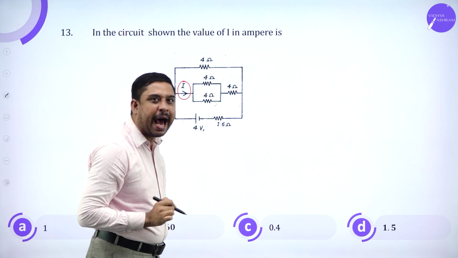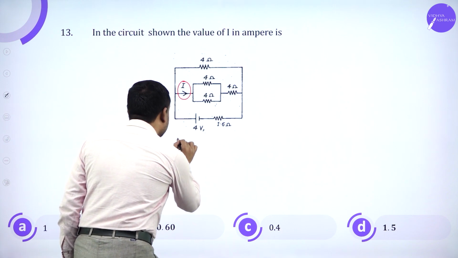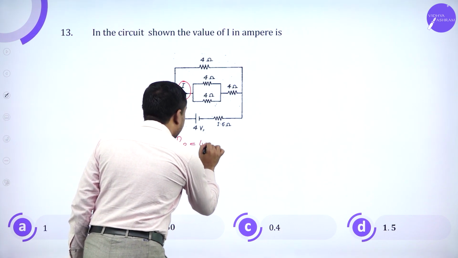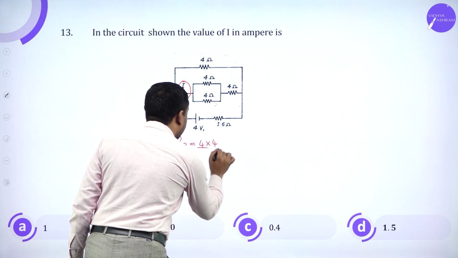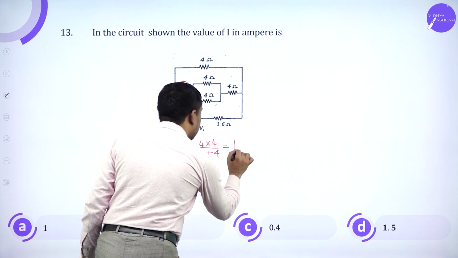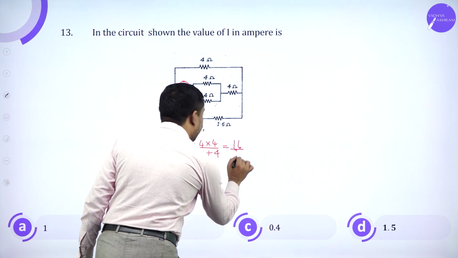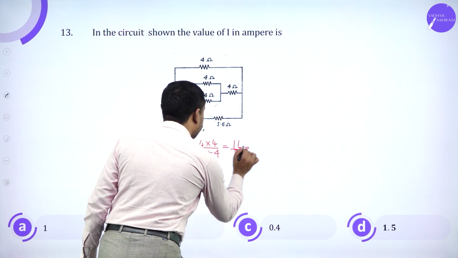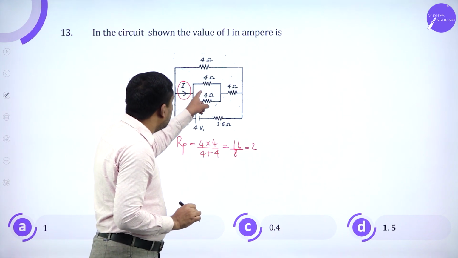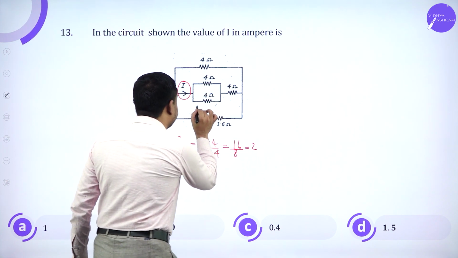4 ohms are in parallel. So the resistance in parallel is 4 into 4 divided by 4 plus 4, 16 divided by 8. So this is 2. 2 and 4 are in series.